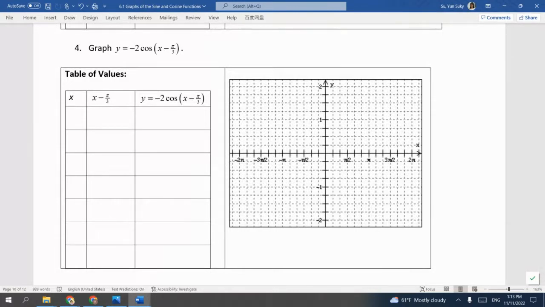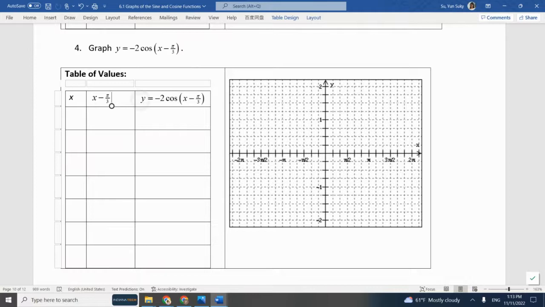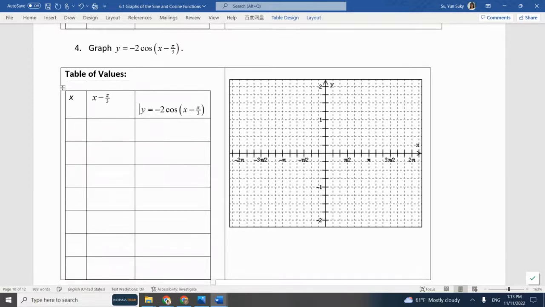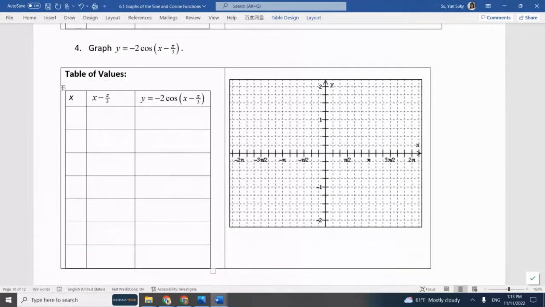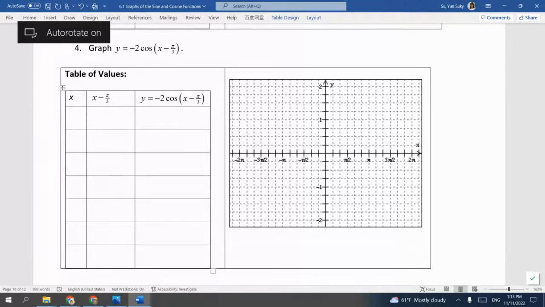So in general, what do you do? Let me see. Okay, so this table is not so good. Let's draw one more line there, because this is a common step. You put this is the theta, and then you put this is the sine theta.